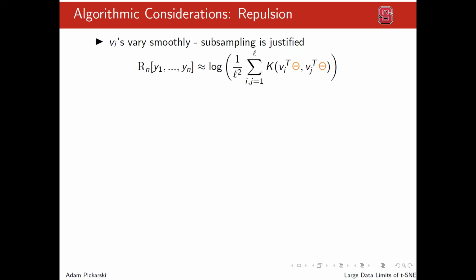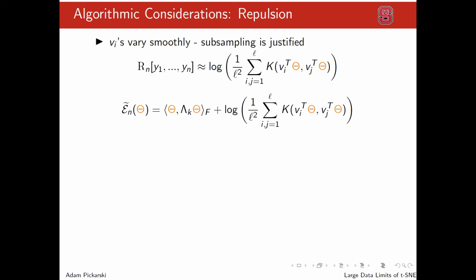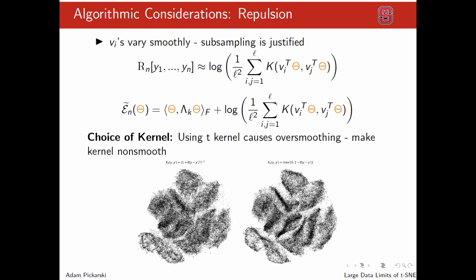And so then you don't have this n squared computation. You minimize this loss over theta, and you've reduced a lot of your computation. So everything seems really good for us. And I'll mention that the reason I put k here instead of the original kernel is because it happens that if you mess with this kernel and make it non-smooth, you get slightly better results.